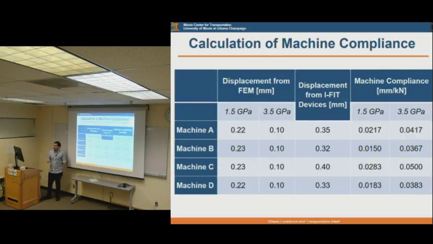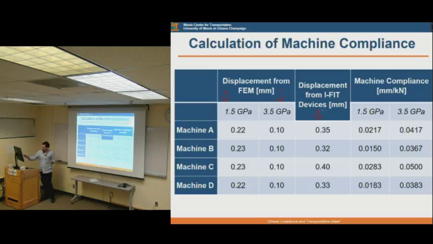For the standard material that we have tested, we have 2 displacements coming from the finite element model. One is from the 1.5 gigapascal, and the second one is 3.5. And we know what the test results gave, which is here.